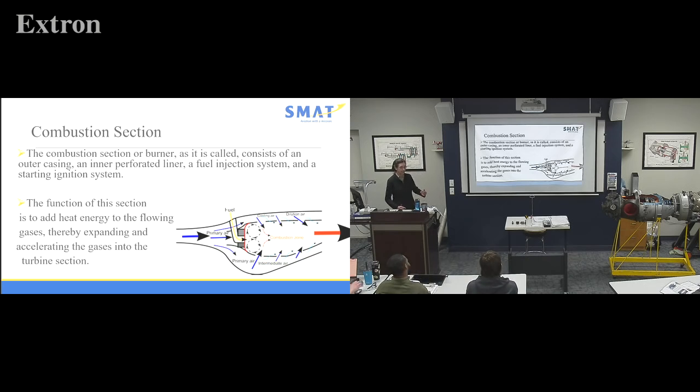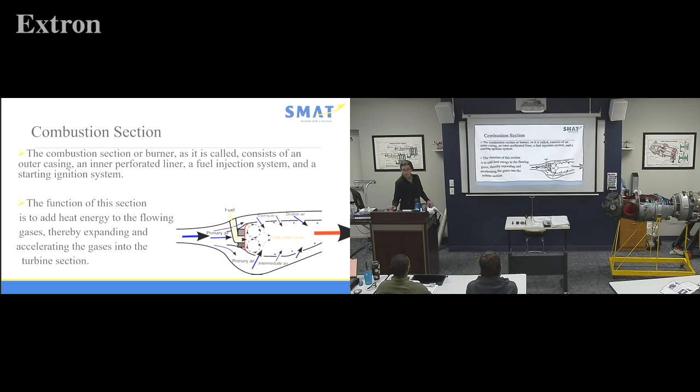So in the compressor, we're exchanging velocity for pressure, velocity for pressure, velocity for pressure, and now we've got all our pressure, but we need more energy added to get all the work we can out of our turbines. So, adding heat energy to our flowing gas.